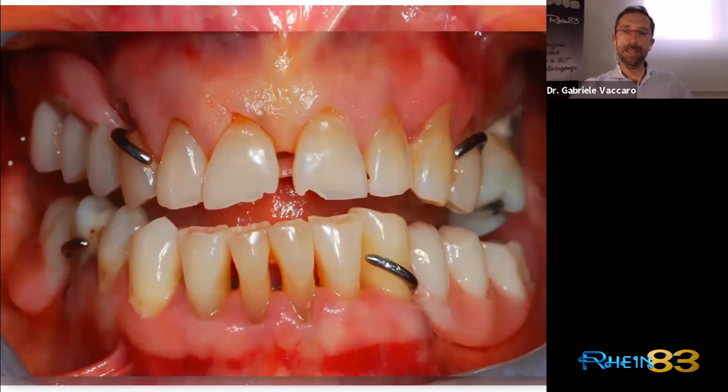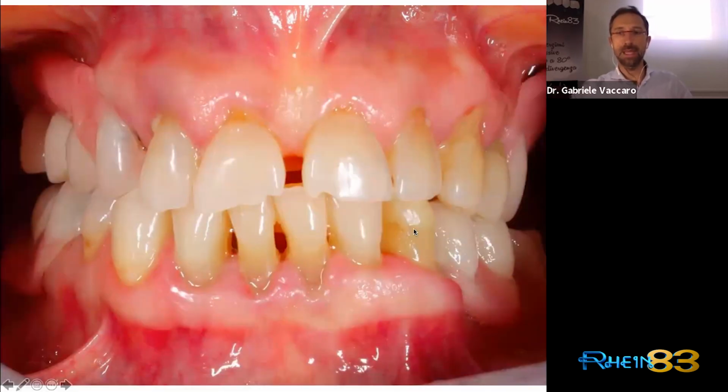And so after that, the patient liked it a lot, and we made all the clamps disappear, because we used the residual root teeth as a support, an anchor point for the partial denture.